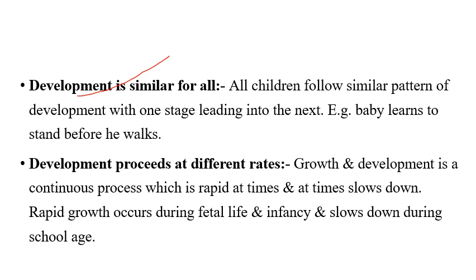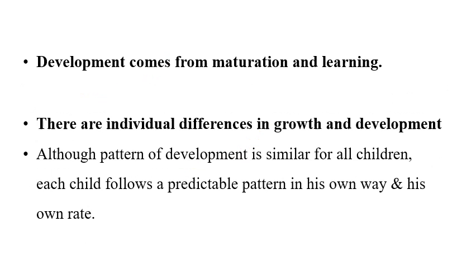These steps are similar for all, but the rate of development differs. Some children might start talking very fast, and some children may take a lot of time to start talking properly to others. So that's why we consider development similar to all, but the rate of development changes from one to another. Okay, so that is the two.